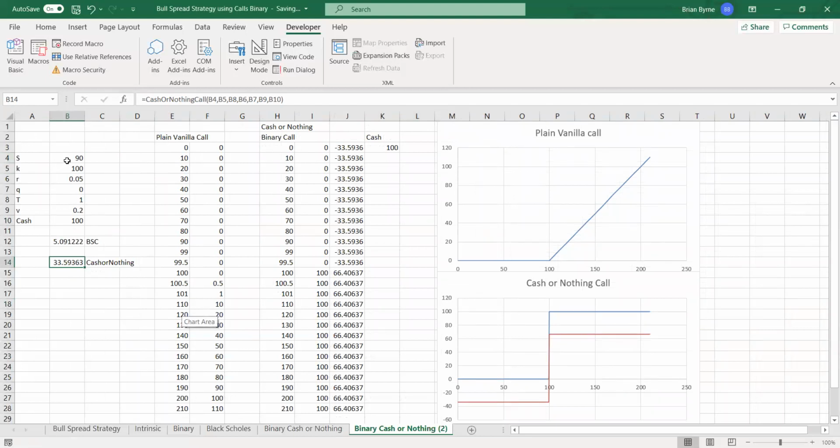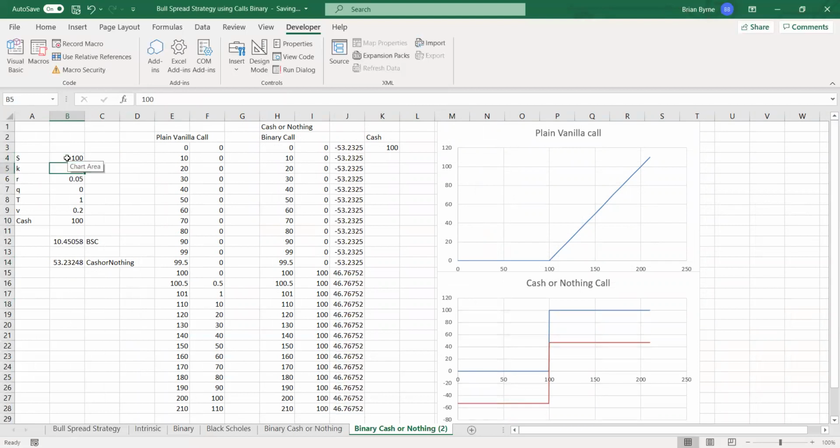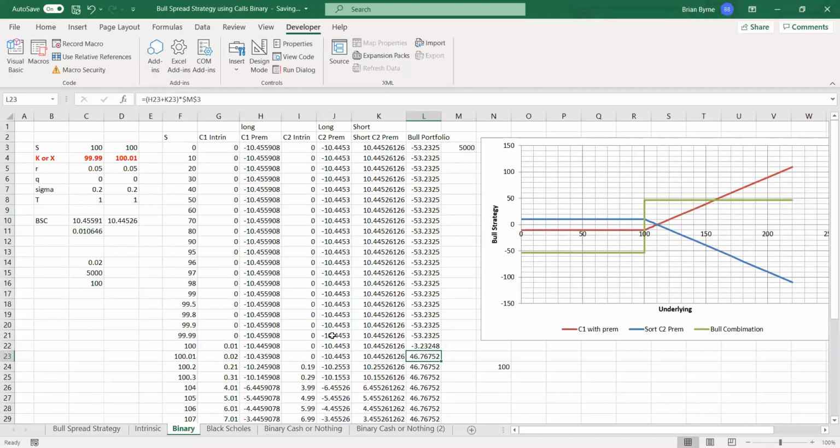We'll change this to 100. Using Reiner and Rubinstein, the cost of setting up the strategy is 53.23. What do we gain if the option is in the money? 46.76. That's this amount here. Let's check here with the bull strategy, 46.76.